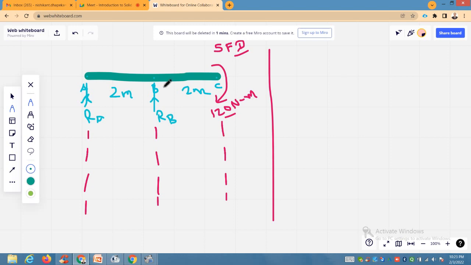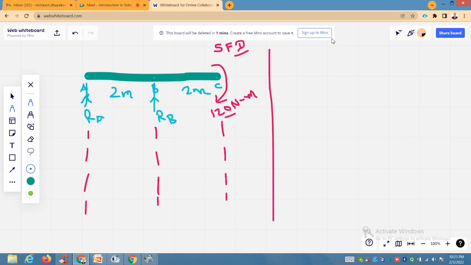So horizontal forces are generally neglected in the case of beams unless and until inclined forces are acting over it. So in this case there is no question of horizontal forces, and vertical external forces are not acting, but vertical reactive forces are acting on this beam.